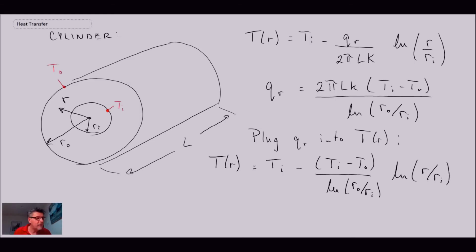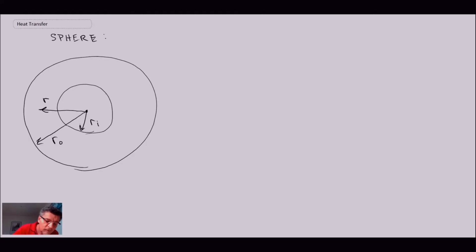Okay, so that's what we got for a cylinder, pipe flow, and many engineering applications where we would have cylindrical coordinate systems and we're trying to determine heat loss. And then finally, spherical. This might be something like a storage tank. You could have spherical coordinates. Okay, so that's a scenario for the sphere. Temperature distribution.